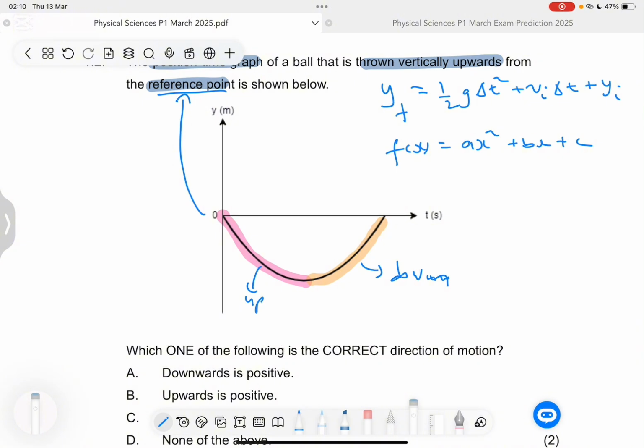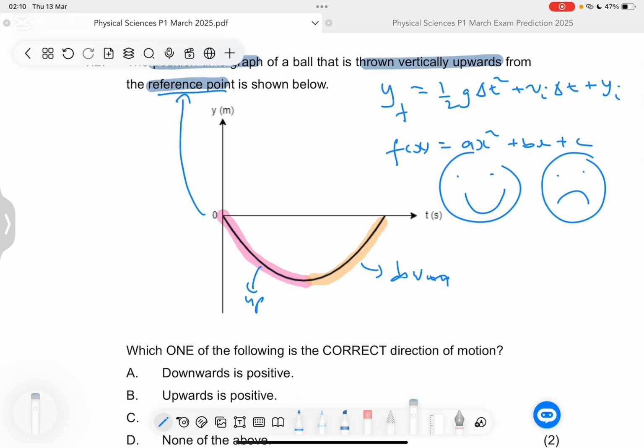Now if we want to find the direction of motion, we look at a, or we look at g, because we know that if our a is positive, we have a happy graph. If our a is negative, we have a sad graph. These are the familiar faces.